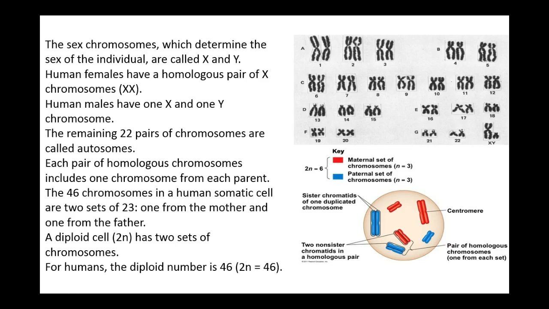And then you have non-sister chromatids, and they can be similar chromosomes in different pairs. So they're not the same. I guess you might say they're not the same set from that particular somatic cell. So you can have non-sister and you can have sister chromatids. And that's about all that's on this.